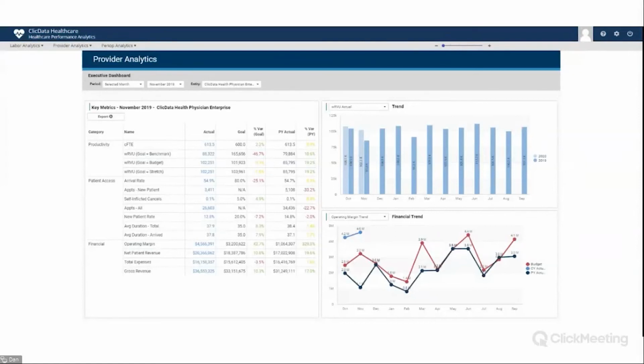But they may also be setting budget and stretch goals, knowing that they're not going to be able to meet the benchmark. That's just one indicator for them, but they don't want to solely focus on the benchmark. They also want to focus on what we actually know based upon our market, how many physicians we have on staff, and what we anticipate for the next year in terms of volume and the types of volume we're going to get.